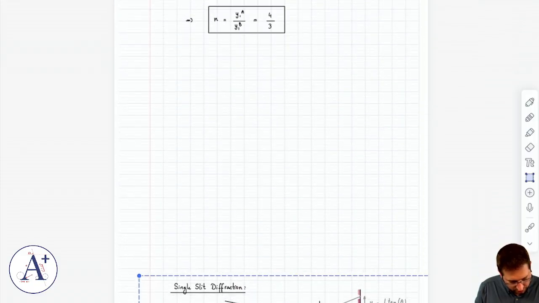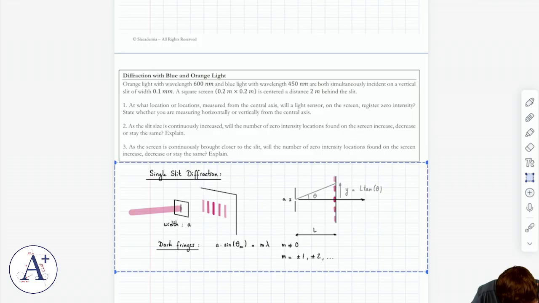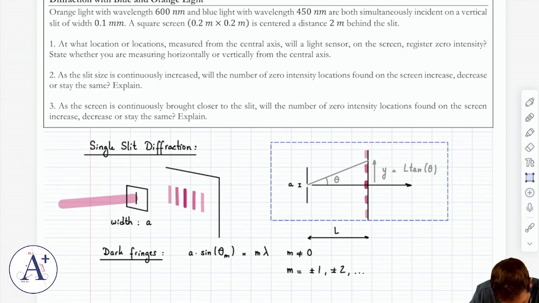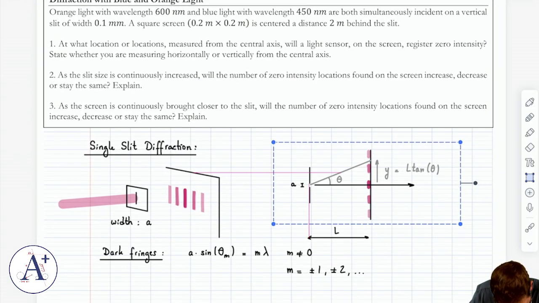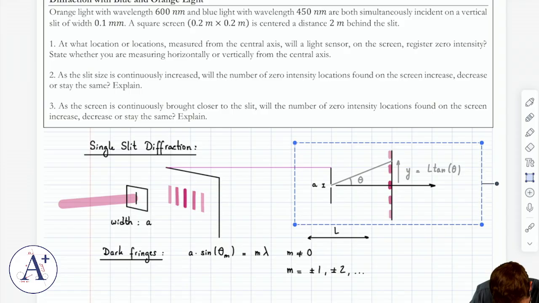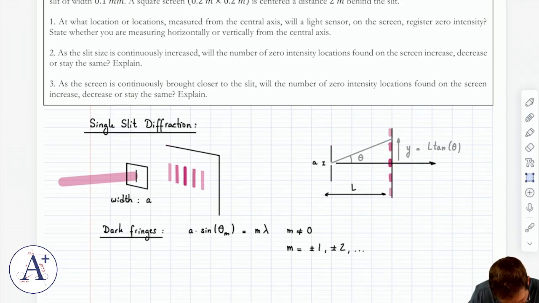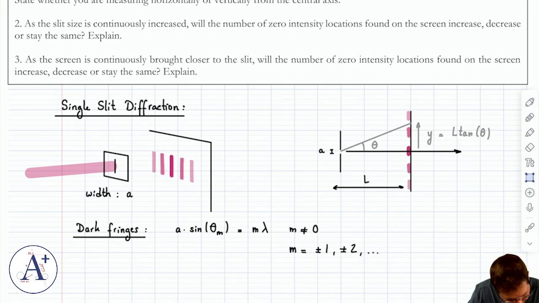Just so that we don't have to redraw everything. Okay, single slit diffraction, what do I know? I know this formula for dark fringes, and I only know the position of the dark fringes. I'm going to have a certain screen distance, a certain slit width, and the dark fringes are going to be given by this equation.